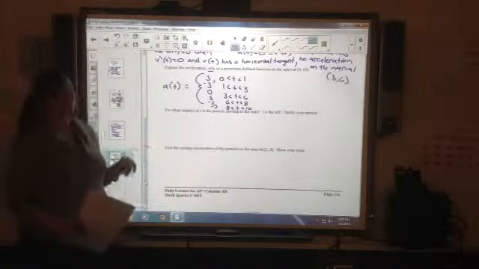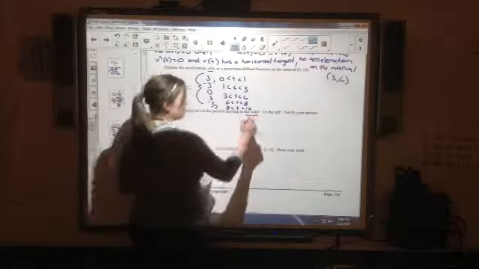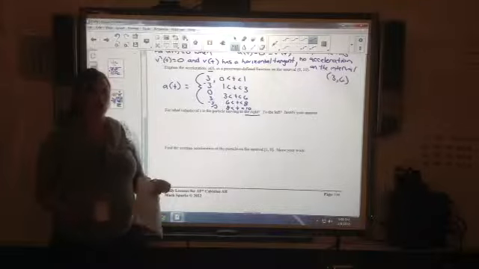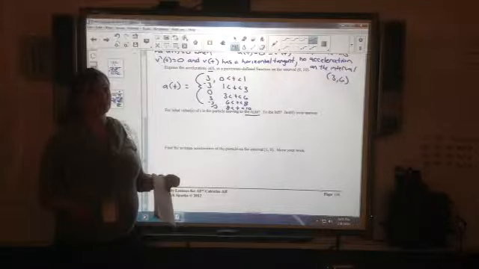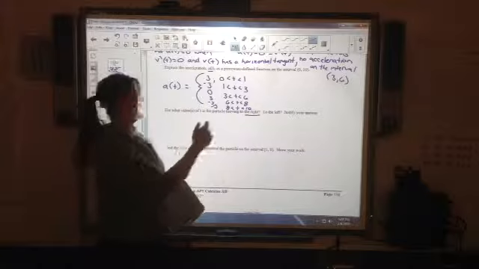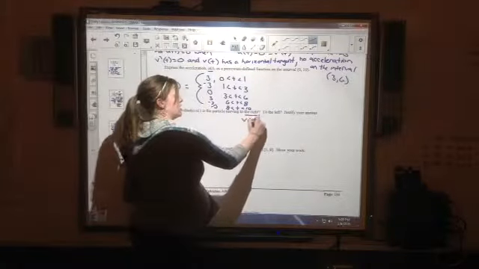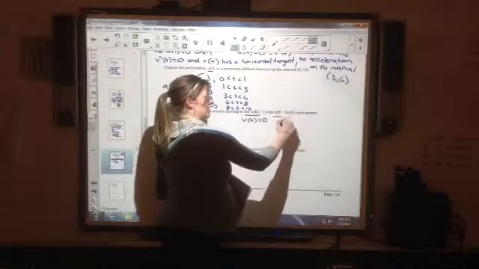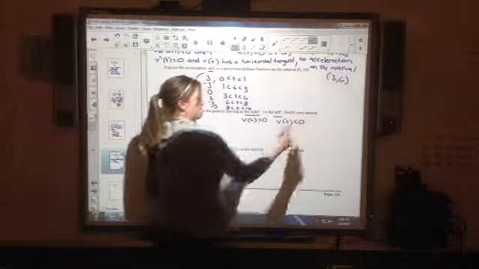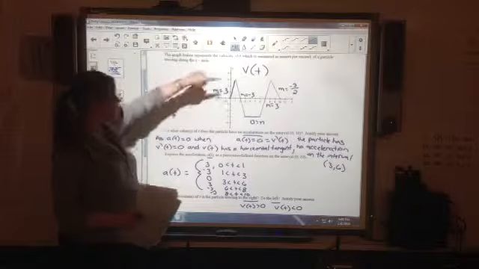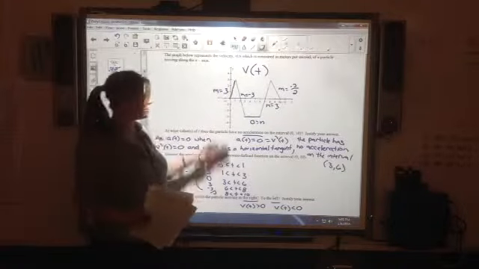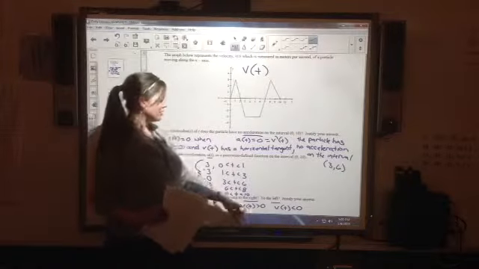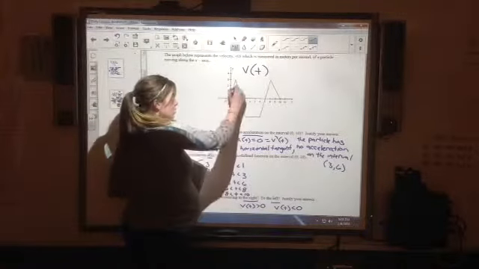Okay, for what values is the particle moving to the right? Think about this. When does a particle move to the right? Particle moves to the right only when velocity is positive. To the left is when velocity is negative. I'm given the graph of velocity. I know it because I labeled it really big. So if velocity is greater than 0, I'm just looking when it's positive.